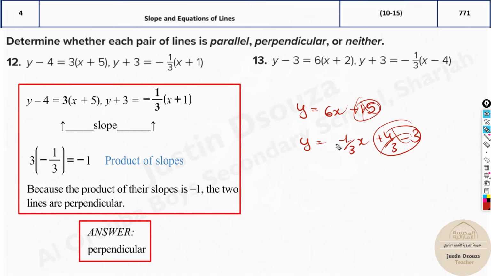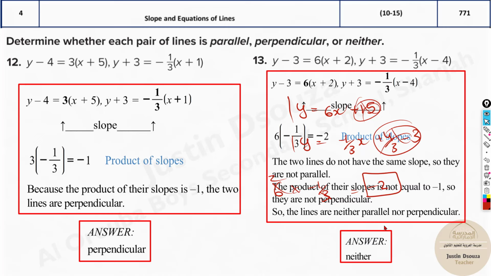We don't want the intercepts. We just want the slope, this term. We just look into the slopes. 6 multiplied by negative 1/3. What's the answer? It's minus 2. Now here this is a problem. It's not minus 1, it's not equal, it's not parallel nor perpendicular, it's neither. So the answer is neither over here.